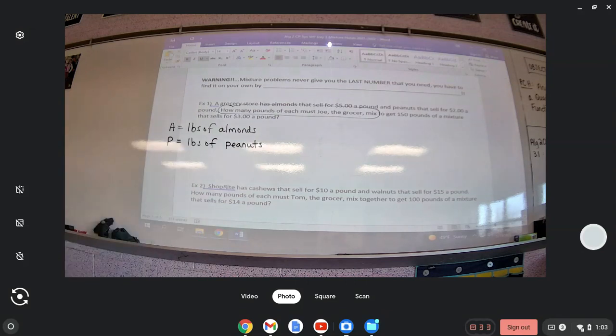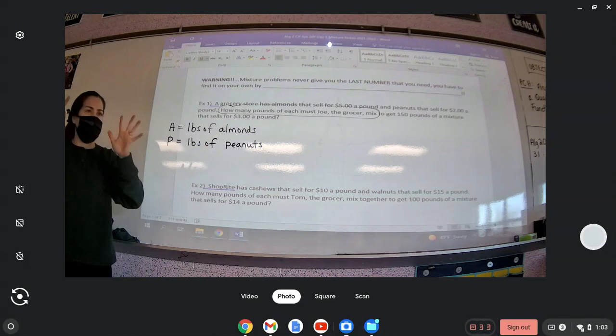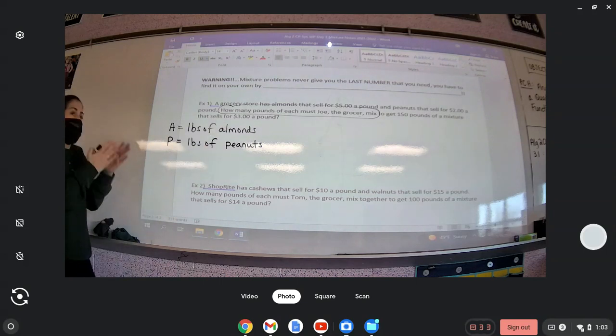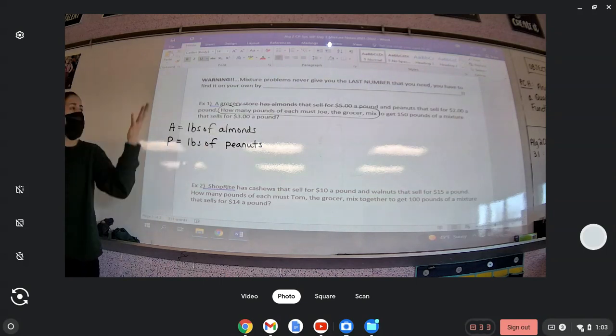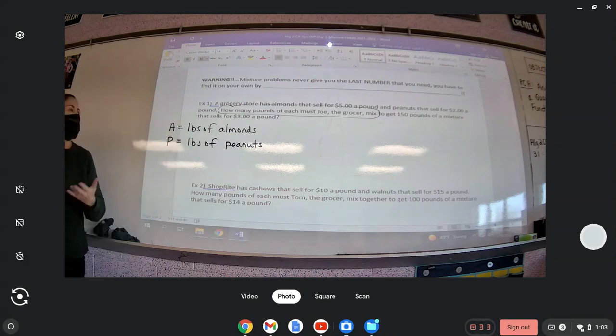Okay. Well, guys, first of all, let's just think about this end mixture. The end mixture has to be how big? Nope. 150 pounds big, and he's got to be able to sell it for $3 a pound. All right, think about it. Well, guys, he's trying to make a 150-pound mixture by mixing almonds and peanuts together.